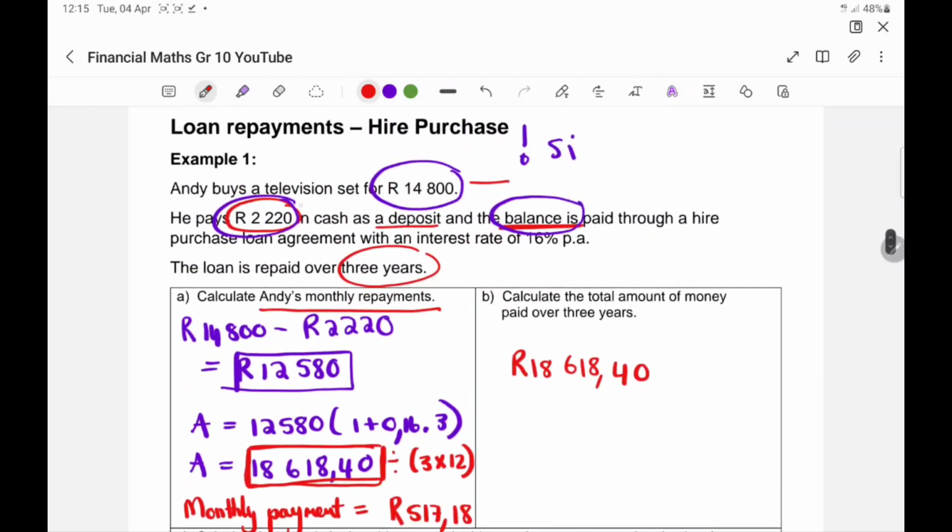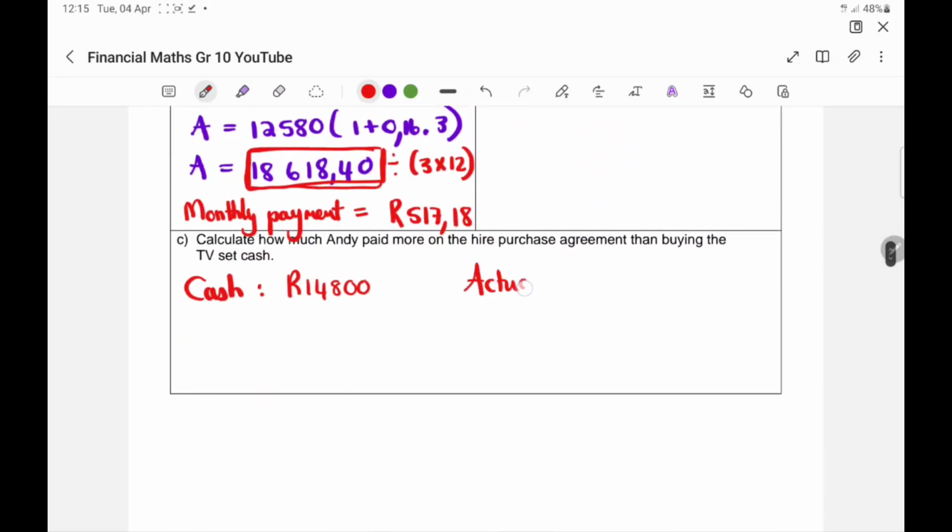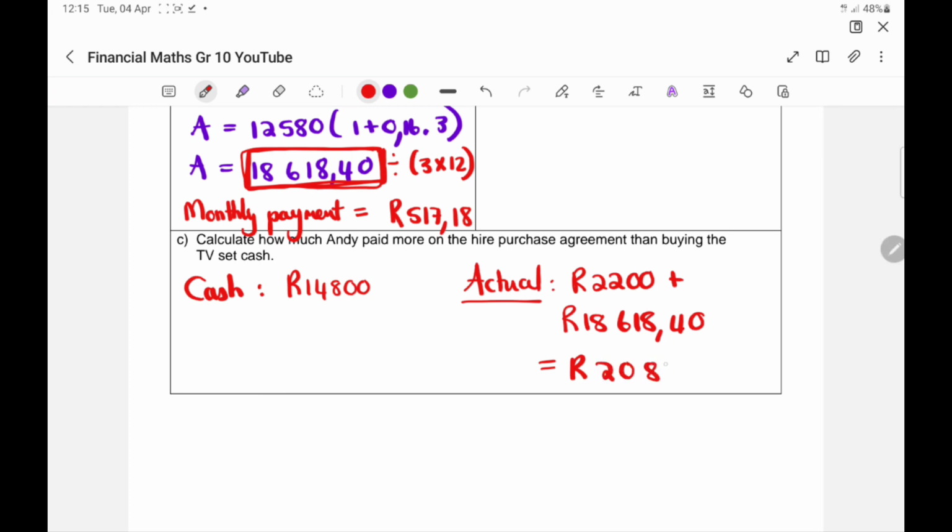Okay, what did Andy pay? Andy paid the deposit. So actual amount paid is 2,200 plus the amount that Andy paid off over the 3 years. And if you add those two together, you get 20,818.40.